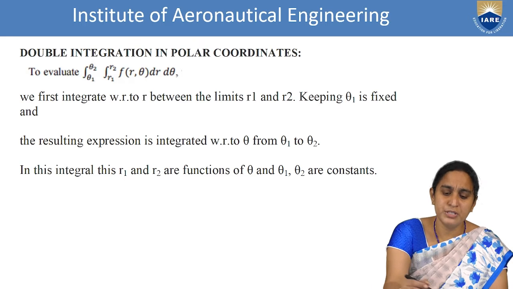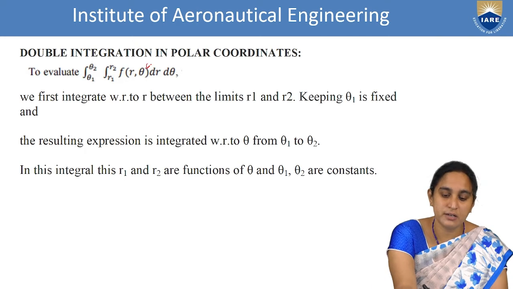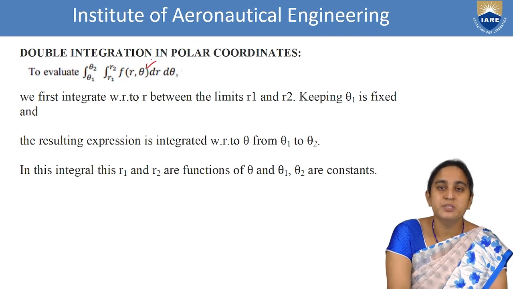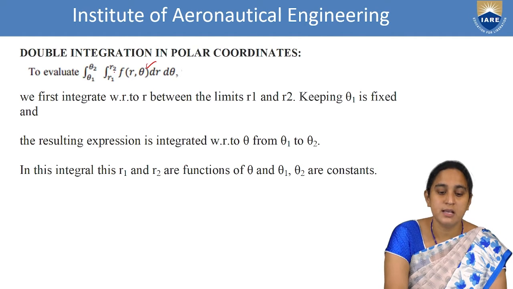Observe here the function is in terms of radius and angle, and the limits r1 to r2 are for the radius, and the limit values for the angles are theta 1 and theta 2. Then integrate with respect to dr and d theta. That's the polar form of the double integration.